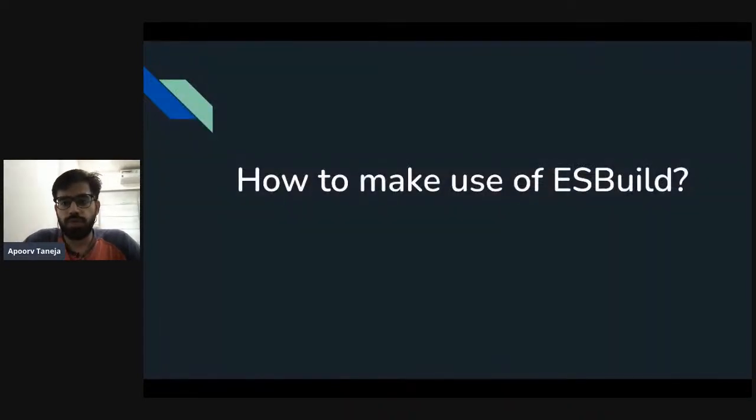So how to make use of esbuild? When it comes to functionality, esbuild is kind of similar to Webpack. Whenever it comes across an import statement like import React from React, it will start looking in the file system. It will look for React in the file system and make use of it to bundle your code.